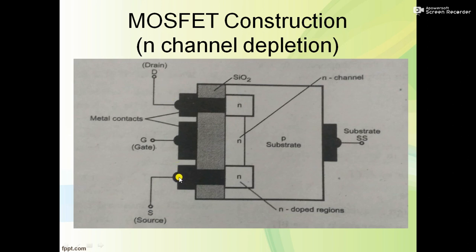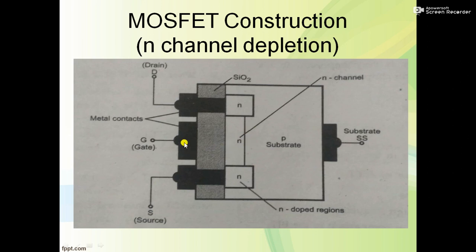The drain and source terminals are connected through metallic contacts to the N doped regions, with the help of the N channel.